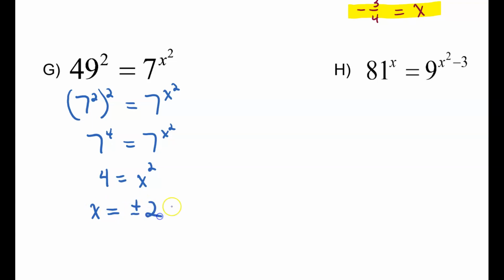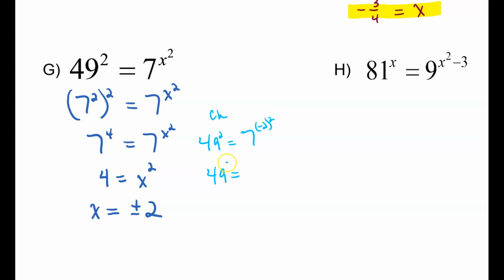Plus or minus 2. Okay. And again, just going to do a quick check. 49 squared equal to 7 to the, if I do negative 2 squared, I'm going to get what? Well, it's negative 2, all of it squared.